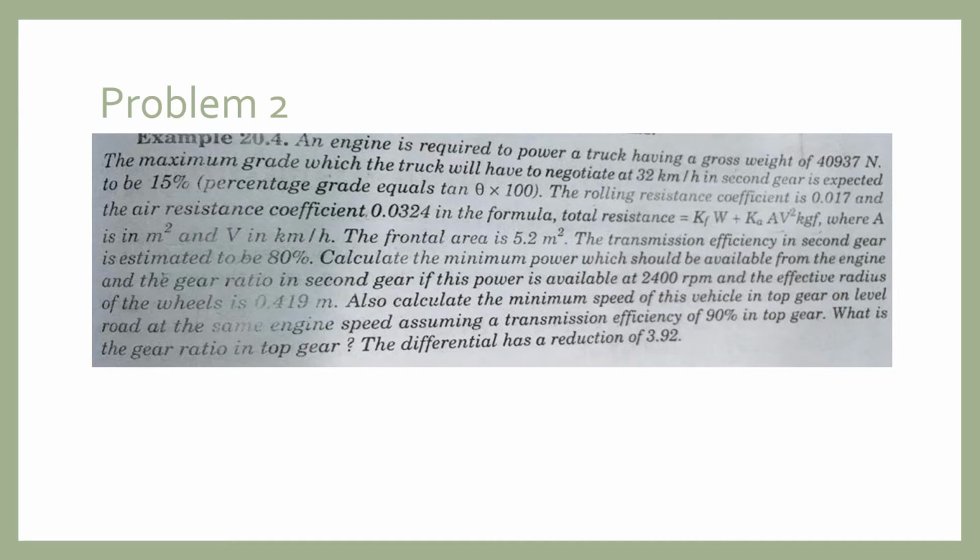Also calculate the minimum speed of this vehicle in top gear on level road at the same engine speed, assuming a transmission efficiency of 90% in the top gear. What is the gear ratio in the top gear when the differential has a reduction of 3.92?